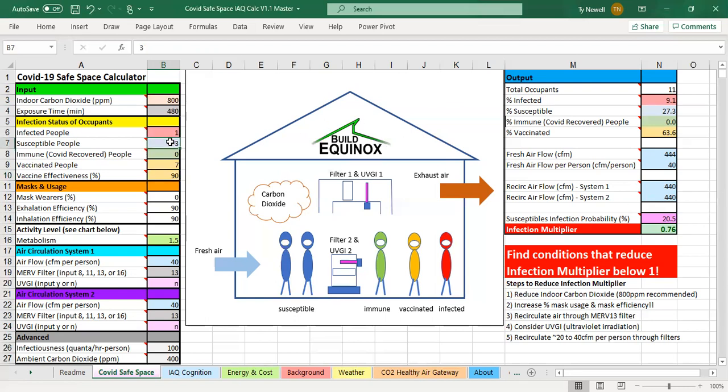And let me just drop this down to 1 person. And now I have 9 people who are protected. I continue to drop this infection multiplier, and the lower it goes, the faster the disease decays out of your community, out of your region.